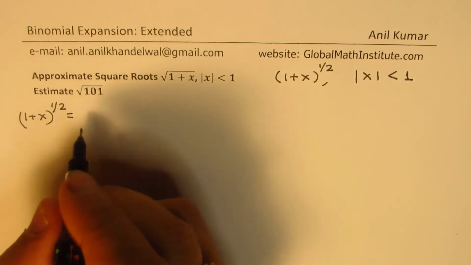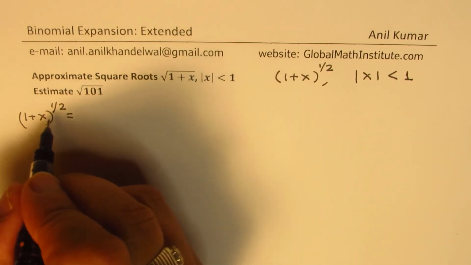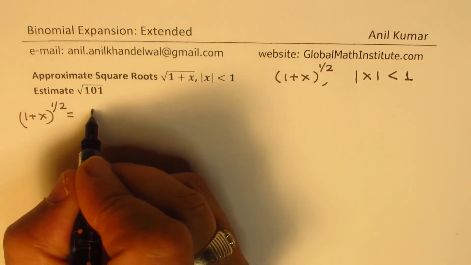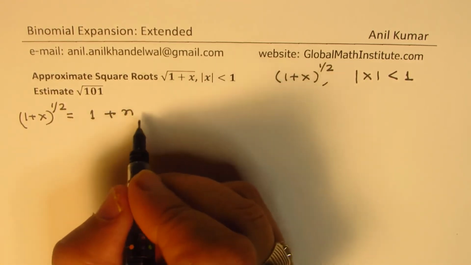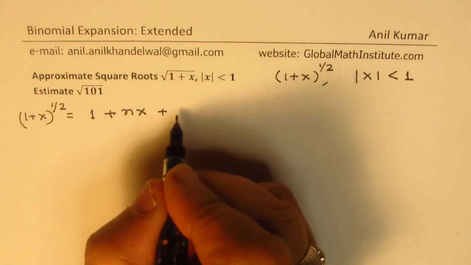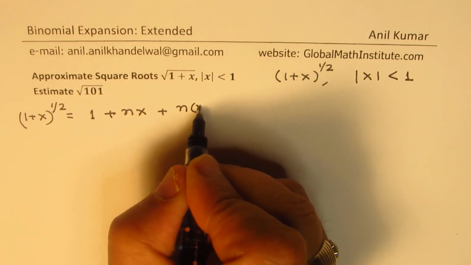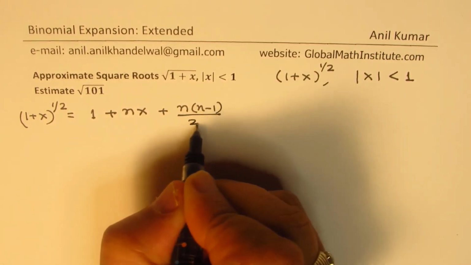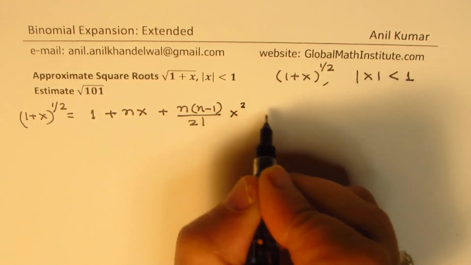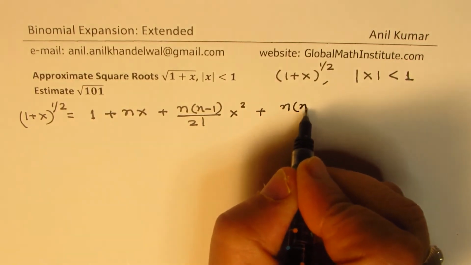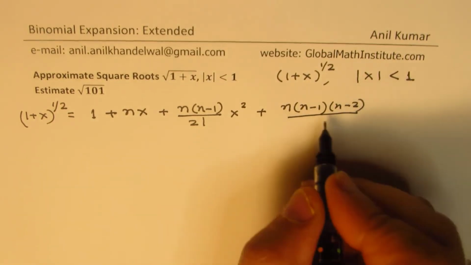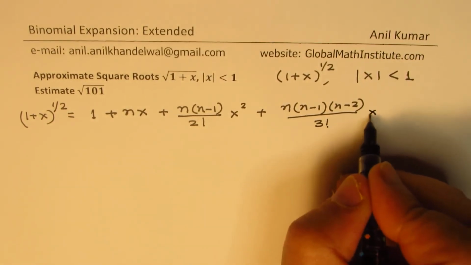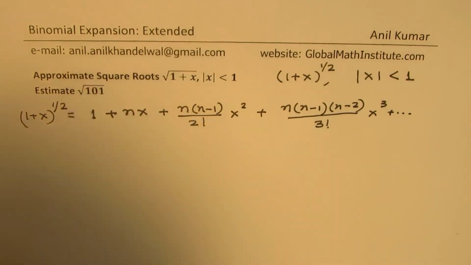We can write this using the formula 1 plus nx, plus n times n minus 1 over 2 factorial x squared, plus n times n minus 1 times n minus 2 over 3 factorial x cubed, plus so on, right?